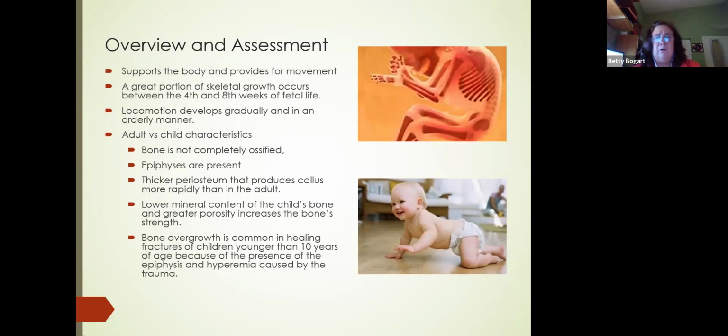And bone overgrowth is common in healing fractures in children because of the presence of that epiphysis, that growth plate, and it causes that callus to form so that it can heal.